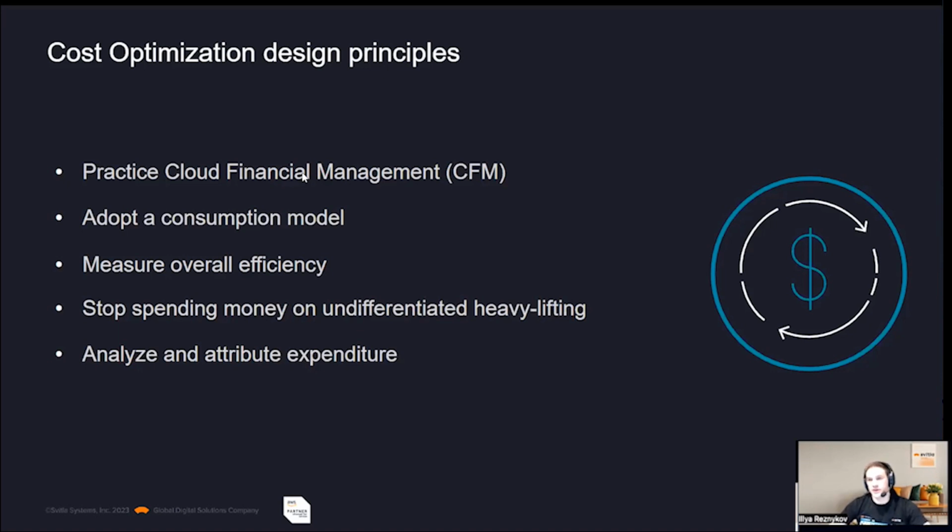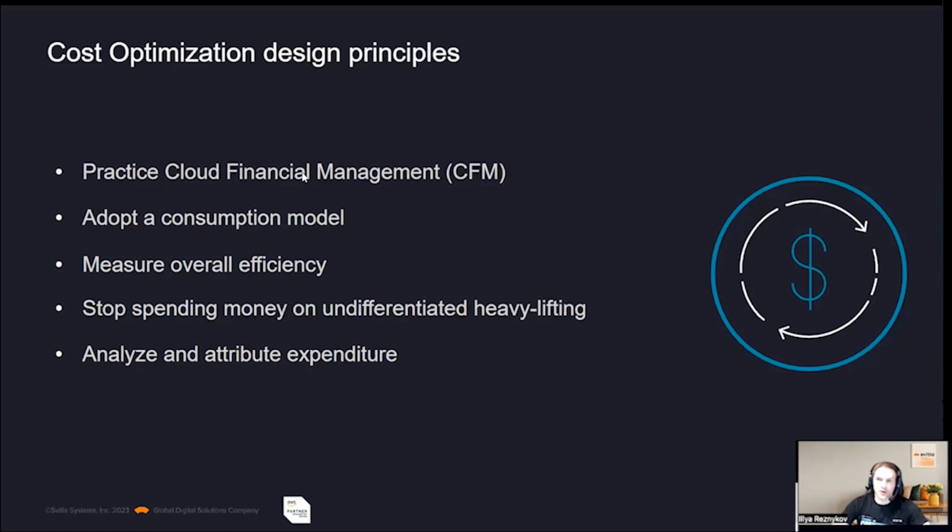It's about collaboration between different teams. We need to adopt a consumption model. It means that we need to pay only for those resources which we really use, and obviously remove those resources which we don't need, and that decreases our overall bill.